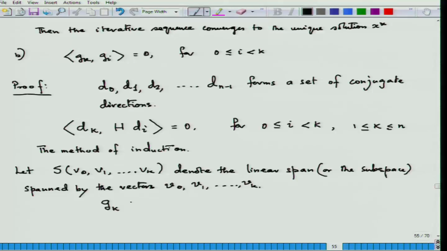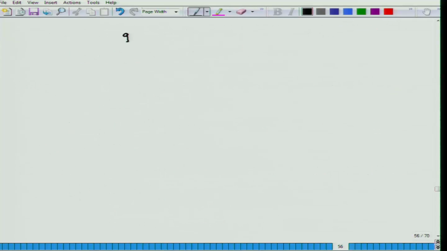Now, g k is grad of f at x k, which is h x k plus b. So, g k plus 1, which is grad of f at x k plus 1, is h of x k plus 1 plus b. Naturally, g k plus 1 minus g k is h of x k plus 1 minus x k.